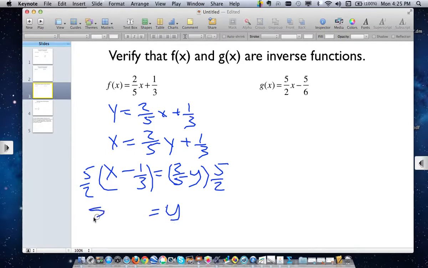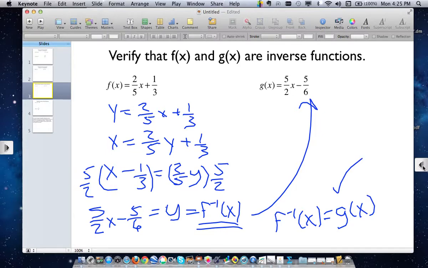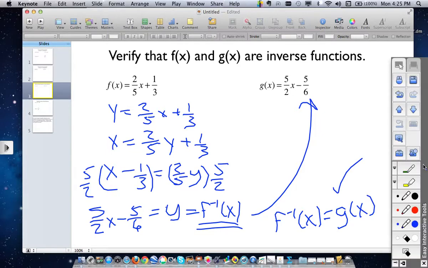And then we get 5/2 x minus 5/6. This is what our inverse of x would be. And it happens to be the same function as g of x. So since f inverse of x is equal to g of x, we know that these are inverse functions. So I accepted either of those two ways of solving the problem.